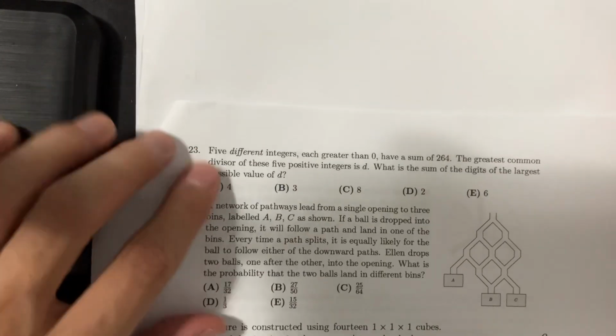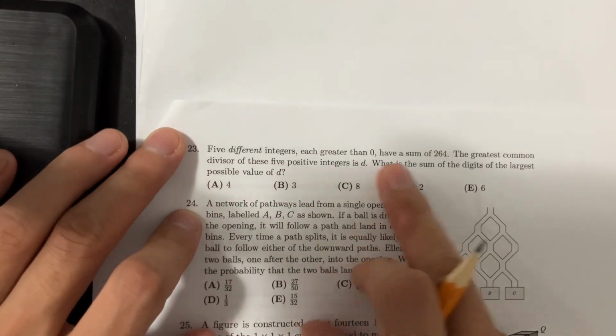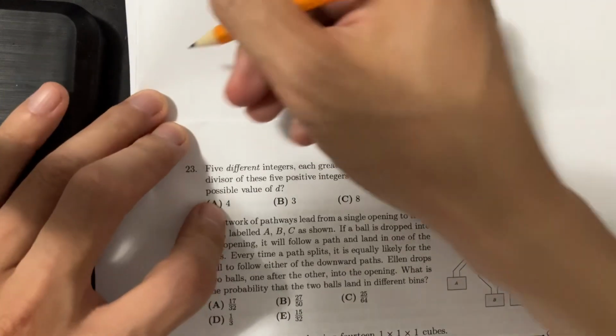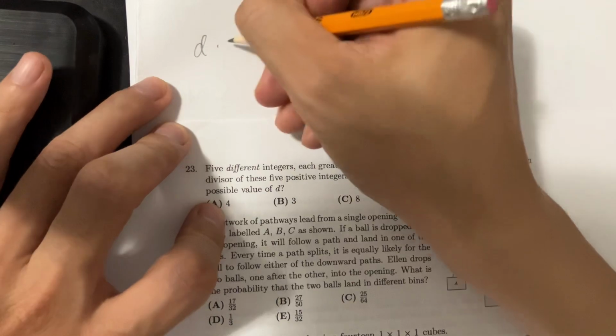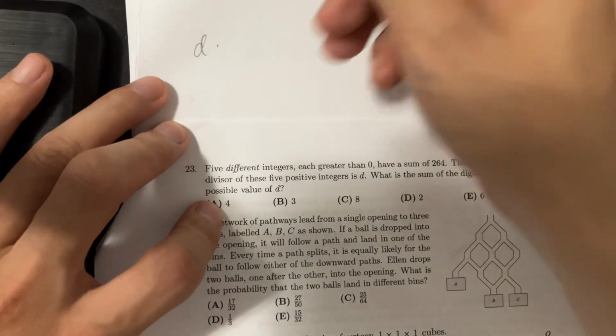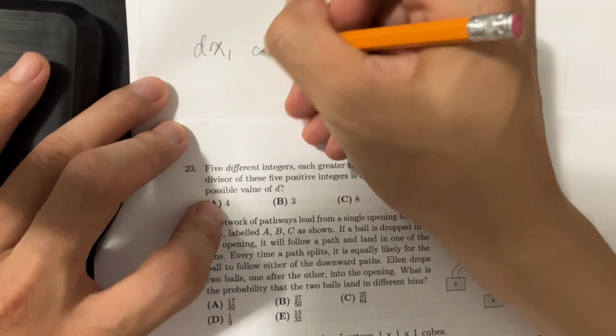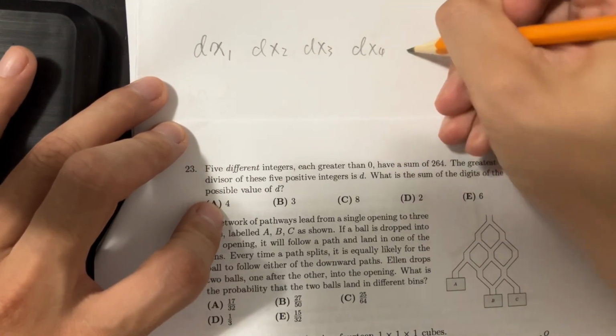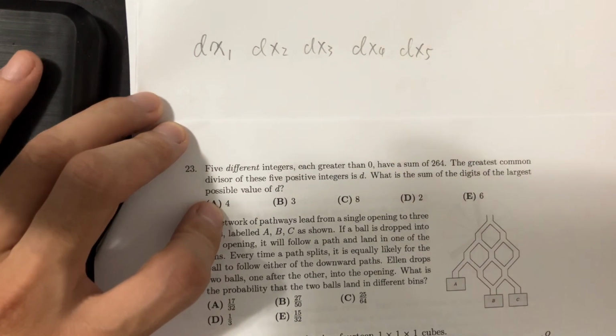Here we go. 5 different numbers, because the greatest common divisor, the GCD, is d. That is to say, the 5 numbers are d times x1, d times x2, d times x3, d times x4, and d times x5. Okay, those are the 5 numbers.